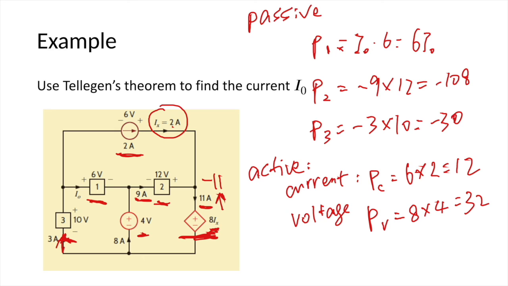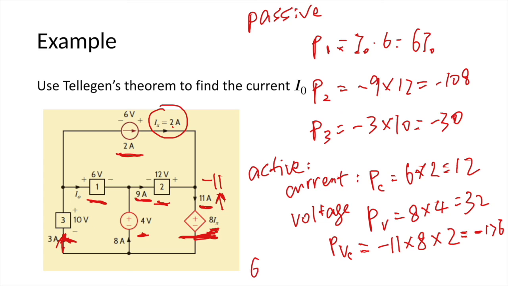So PV controlled equals negative 11 times 8 times 2, which equals negative 176. So we can write down the equation: the power absorbed by the passive elements equals the power supplied by the active components.